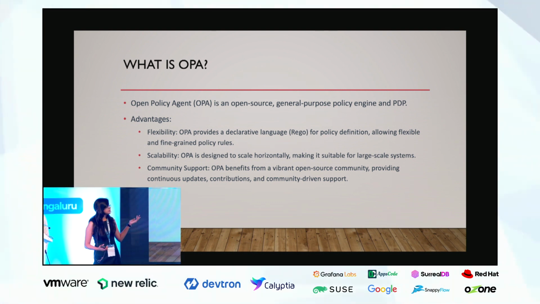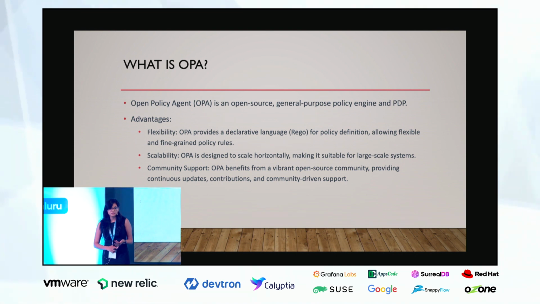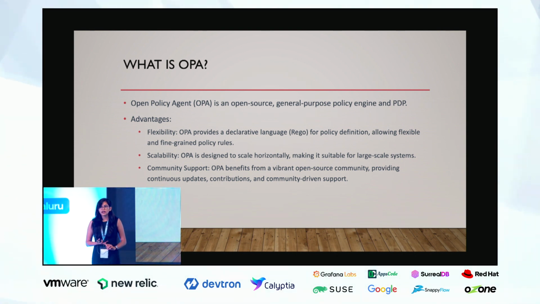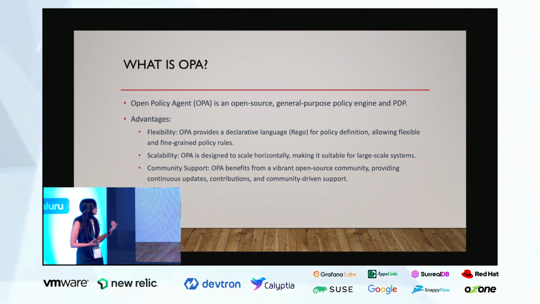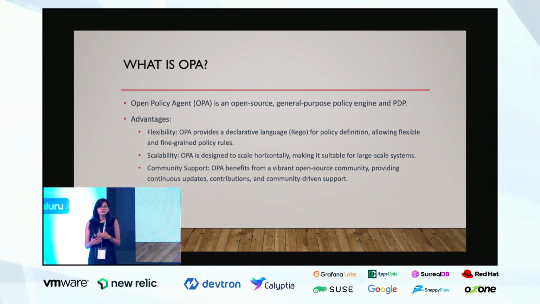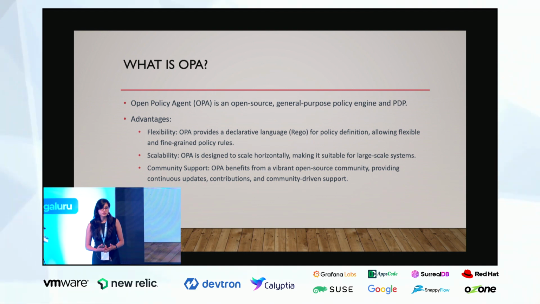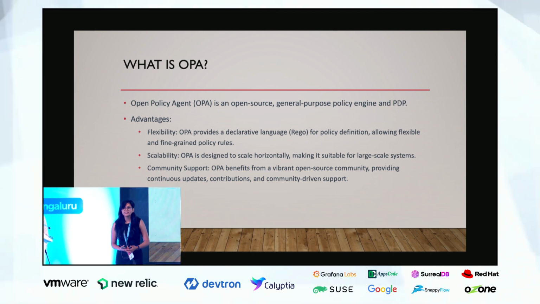As I said, OPA provides a lot of flexibility. It also has a lot of frameworks for testing, and it provides policy as code, so you can maintain versions and test everything inside OPA. It uses a unified policy language known as REGO, as my colleague showed in the previous slide.